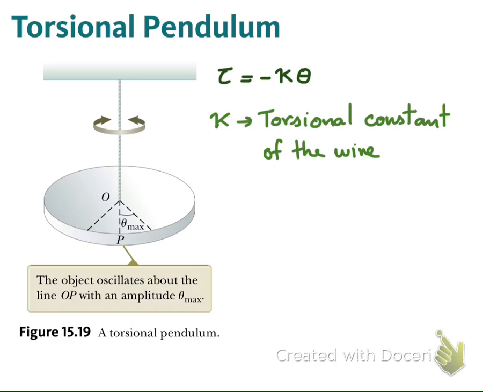And since the torque on the rigid body is equal to the moment of inertia times the angular acceleration, we have that minus kappa theta is equal to I, the moment of inertia, times the second derivative of theta with respect to time.